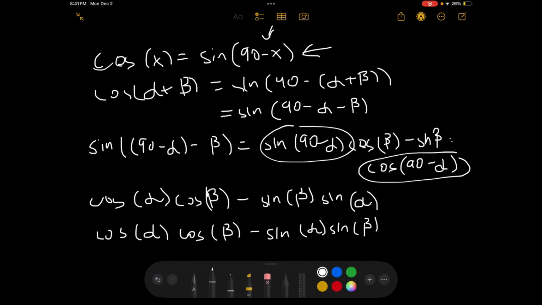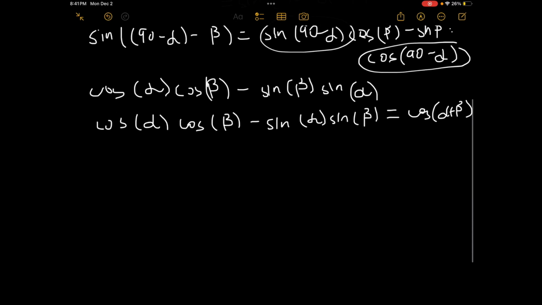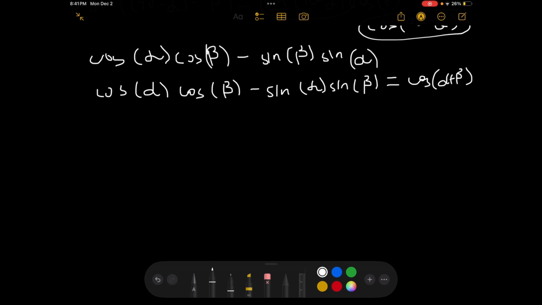And this is our angle sum formula for cosine. We can use the same strategy that we used for the sine subtraction formula to find the cosine subtraction formula. So we can rewrite cosine of alpha minus beta as cosine of alpha plus minus beta.